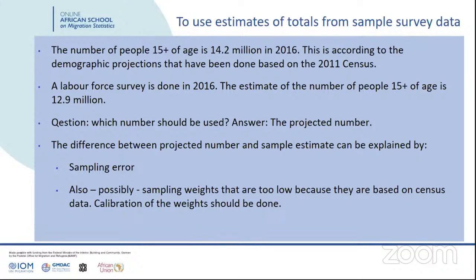If your sampling weights are based on census data from 2011, they are in many cases a bit too low. When you add up the sampling weights, you get a total which is less than the projected numbers from the census.